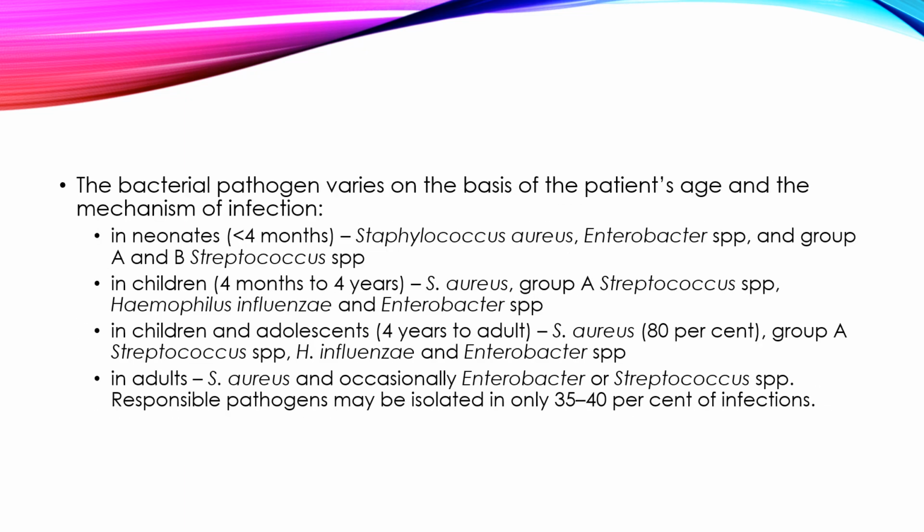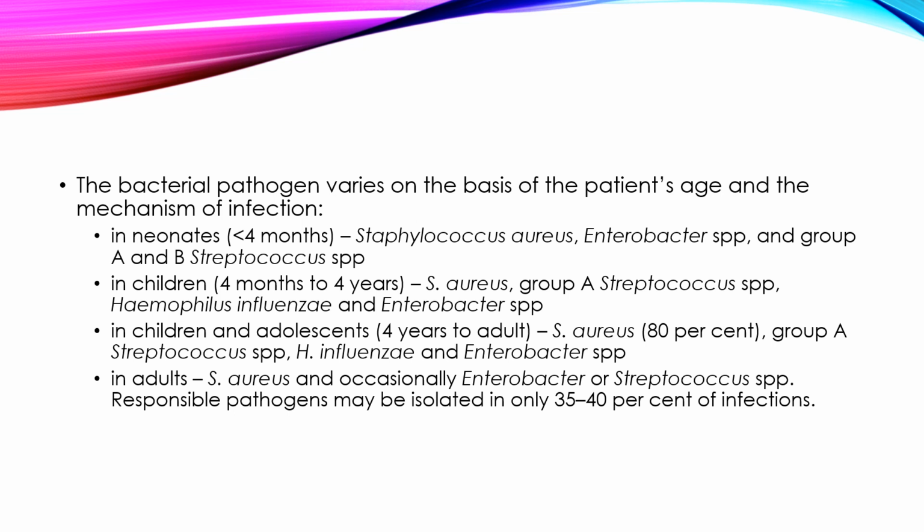The bacterial pathogen varies on the basis of the patient's age and the mechanism of infection. In neonates less than 4 months: Staphylococcus aureus, Enterobacter species, and group A and B Streptococcus species.